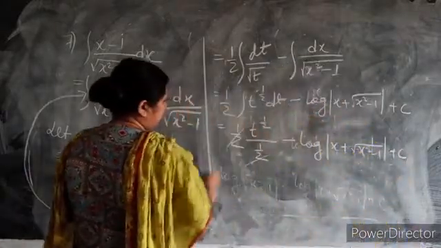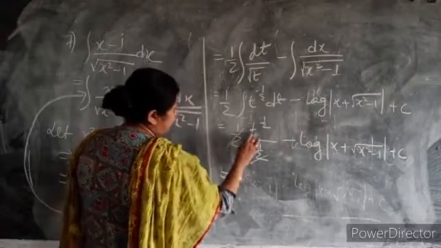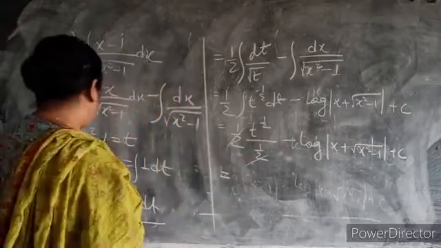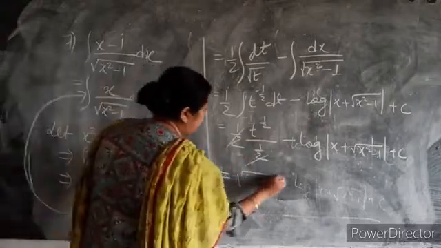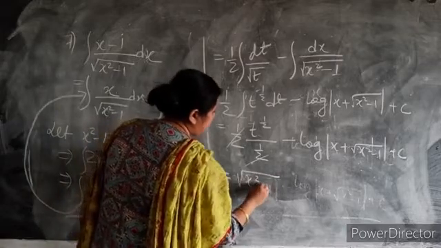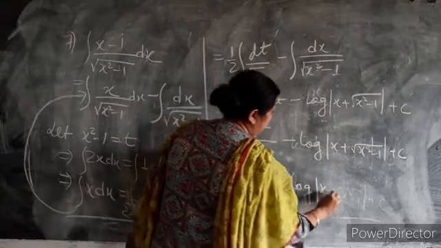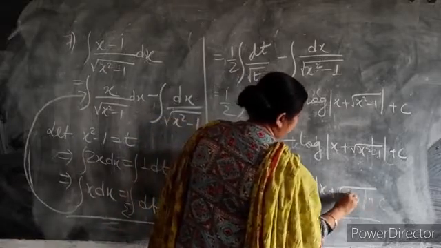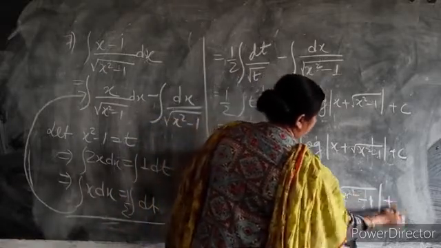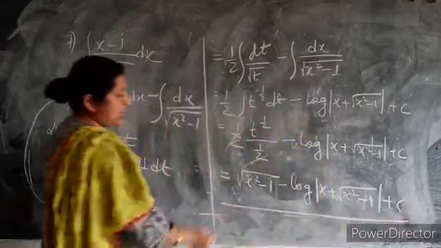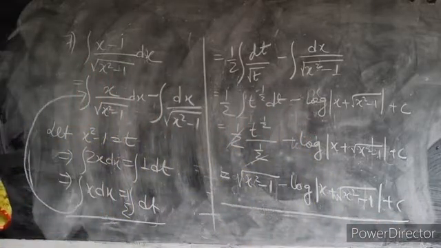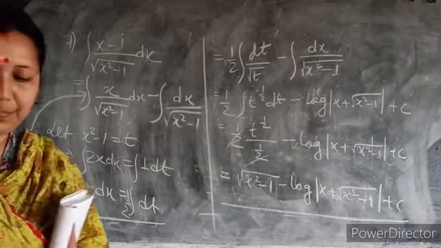So this part and this part will cancel. So what will t be? t is this. So simply it will be root over x square minus 1 minus log x plus root over x square minus 1 plus c. So this is the answer of our question number 7.